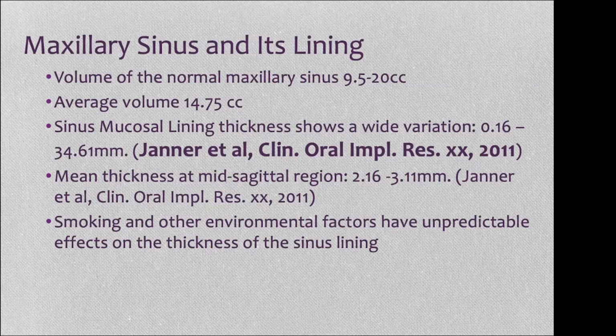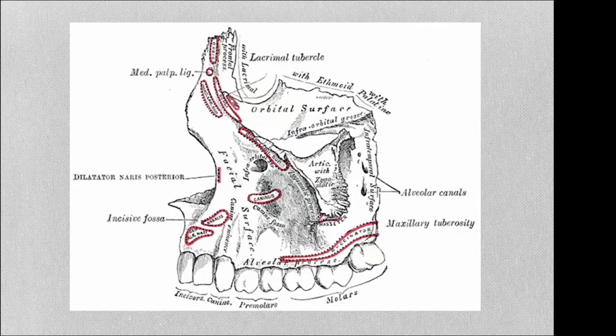As the title of this talk implies, we are not talking about lateral sinus lifting, but rather only about internal sinus lifting. However, we still need to know the anatomy of our surgical site. Now, we've all seen images like this one. This is from Gray's Anatomy book. It's a very old plate, and it shows the osteology of the maxilla, the maxillary bone, with the teeth in place.